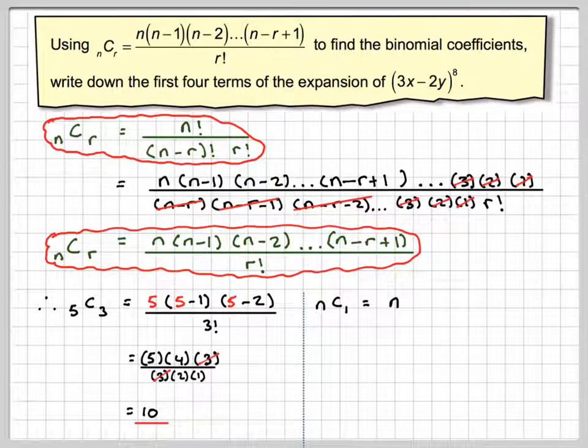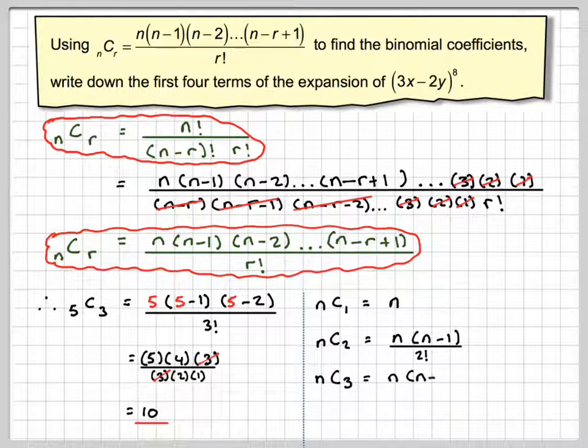More importantly, alternative notation: for nC1, that will just be n. We can actually see that one from there. We're just going to have n, and we'll just leave an n on the top. nC2 will give me n times n minus 1 over 2 factorial, so r is 2 factorial, and in this case it will stop when we get to n minus 1. nC3 will give me n times n minus 1, n minus 2 over 3 factorial, very similar to this one here.